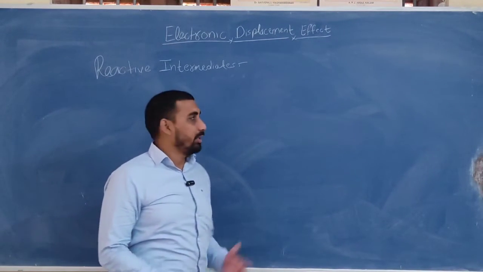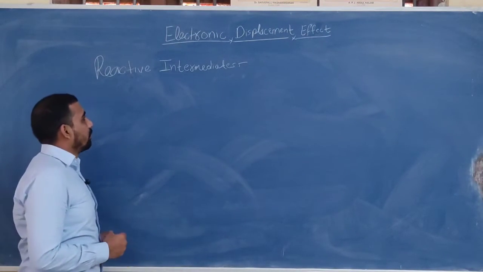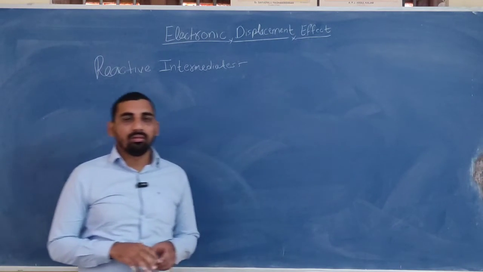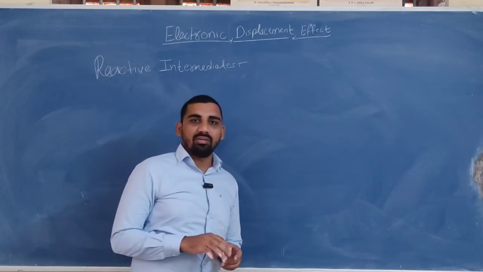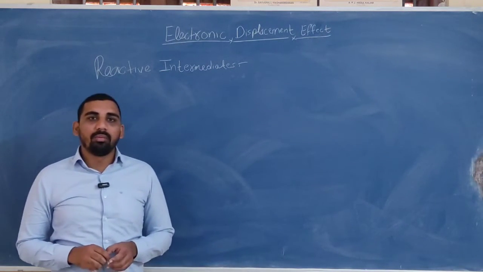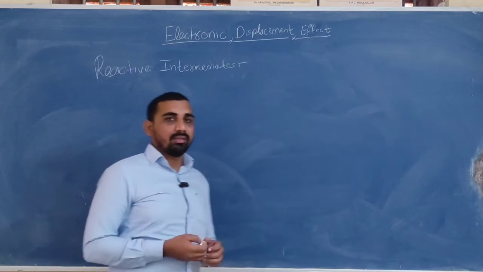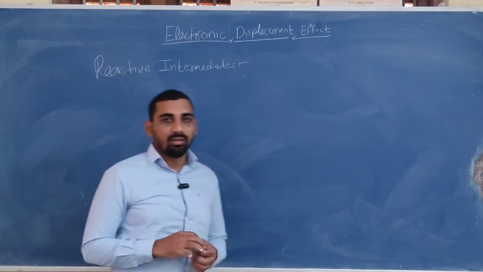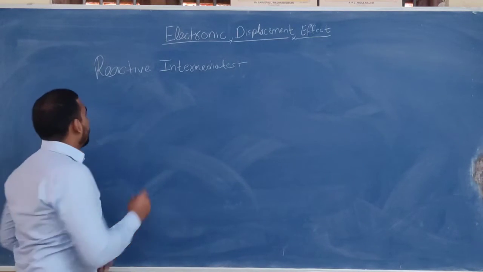Now we will learn about reactive intermediates. At our level, we have to learn only about three reactive intermediates, but there are some other reactive intermediates also. About them we will learn in higher classes. For now, three reactive intermediates are especially important for us. First one is carbocation.